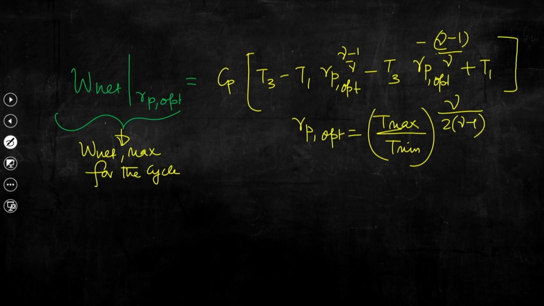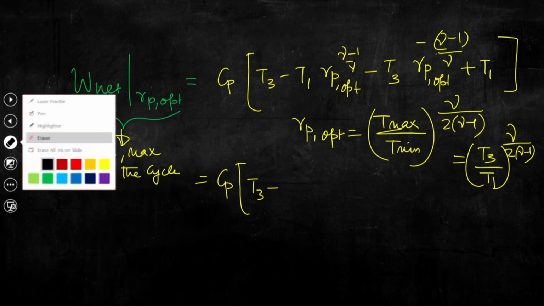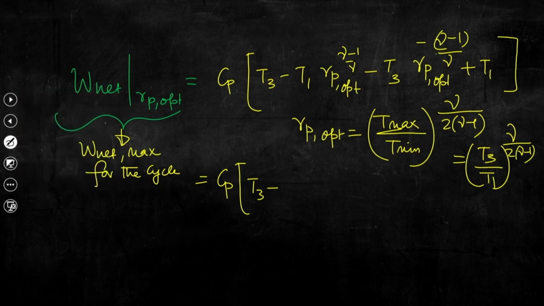So, if we plug in this expression, we can write Cp into T3 minus, so basically this is T max. So, this is as good as T3 by T1 power gamma by 2 into gamma minus 1, because T max equal to T3 and T min equal to T1 for the cycle.